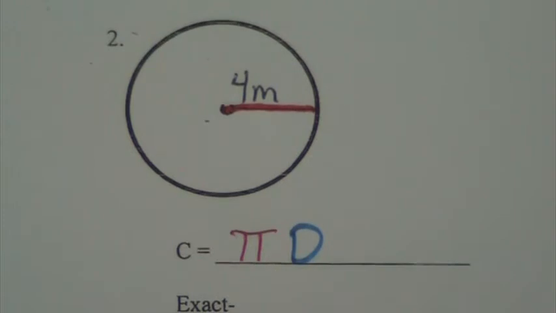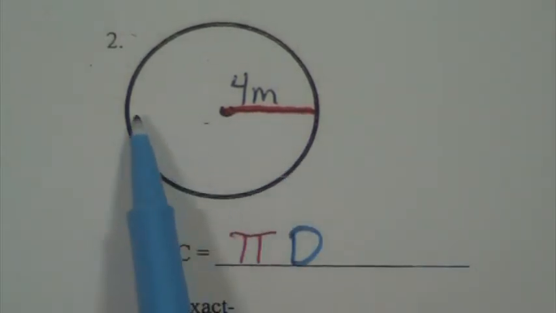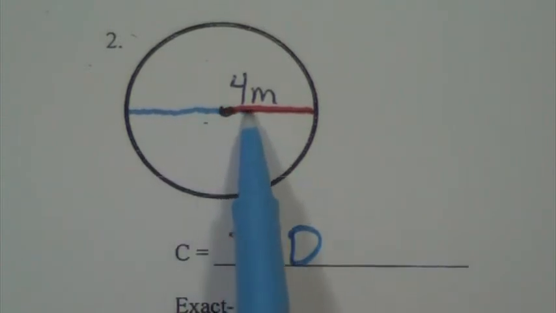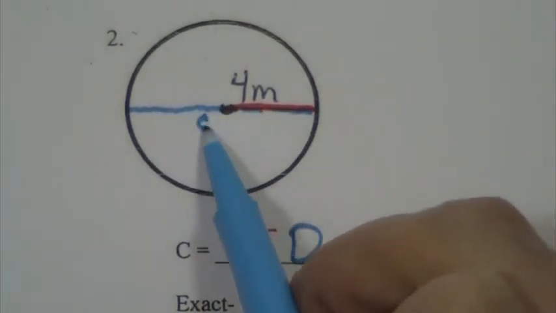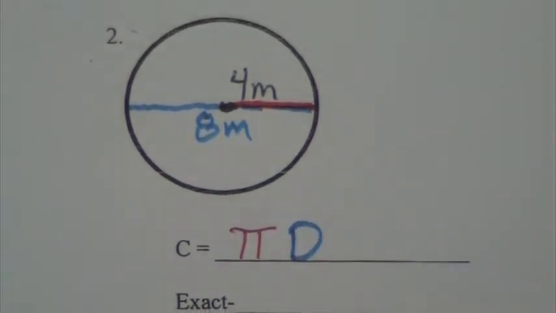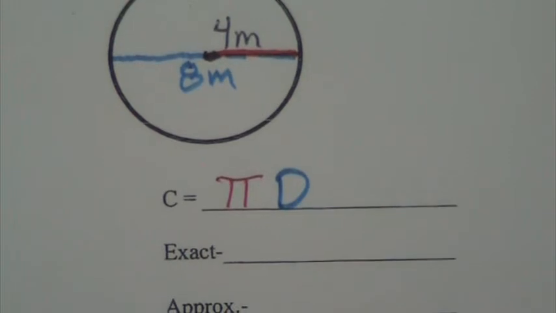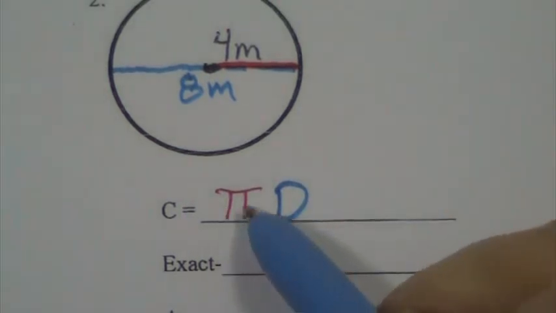Pi times diameter. Okay, well look, I only know the radius. Well, isn't the diameter going all the way across? Okay, so all the way across would be 8 meters. So I will now just go ahead and calculate using 8 meters. Now we don't have to know the other formula, just this formula.